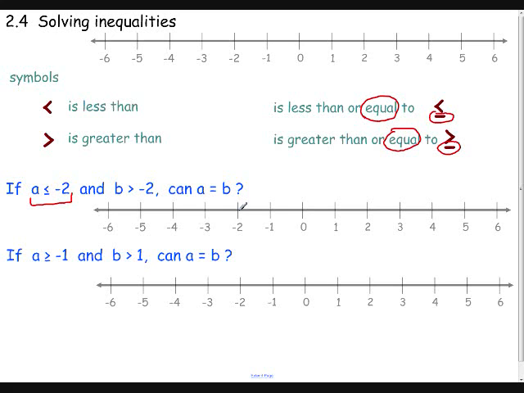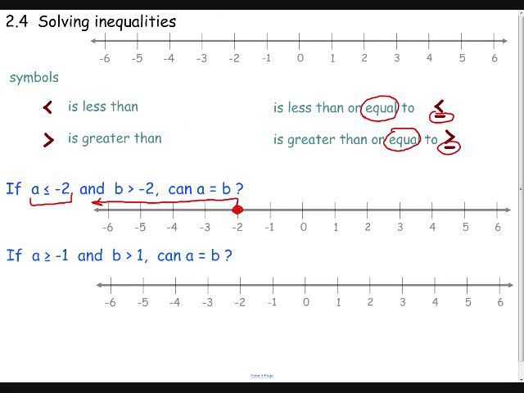Is that going to be a solid dot or an open dot? Because there's an equal, this boundary is going to include that point, so we make it solid. Less than, so that tells me it goes this way.